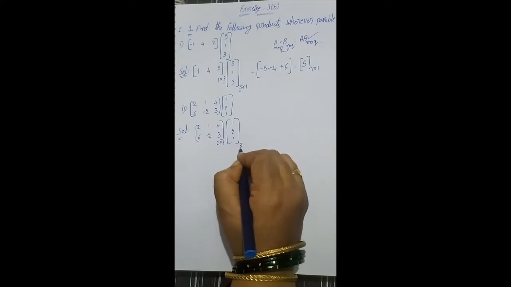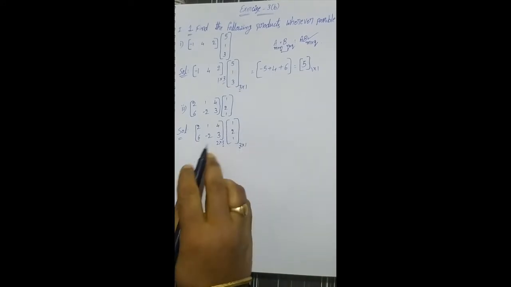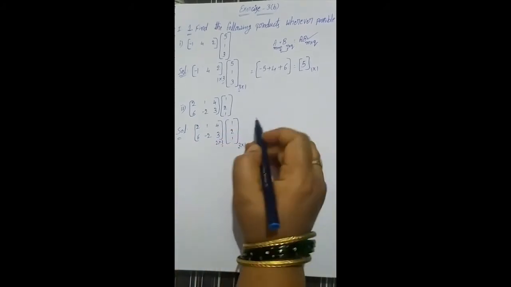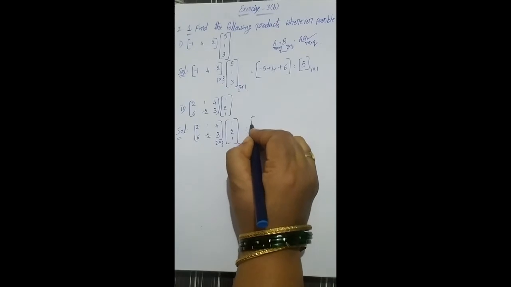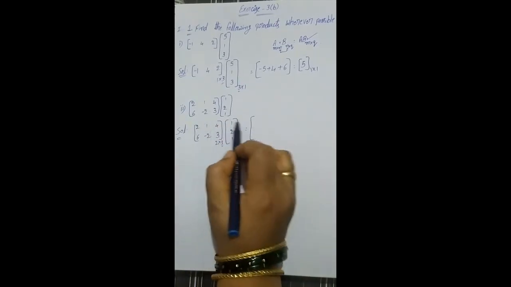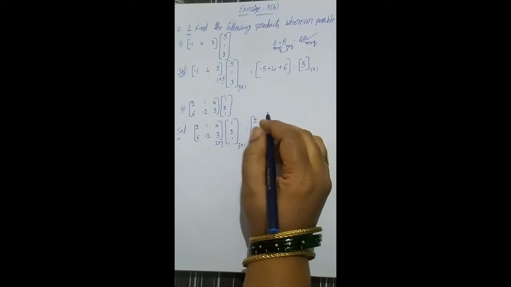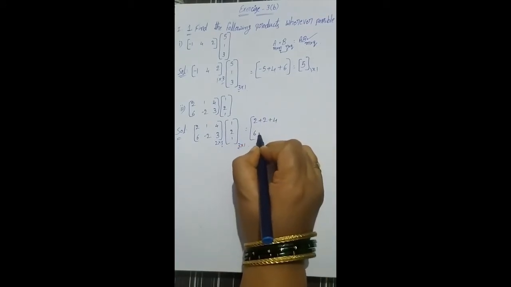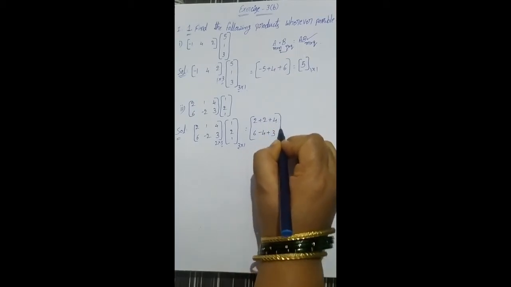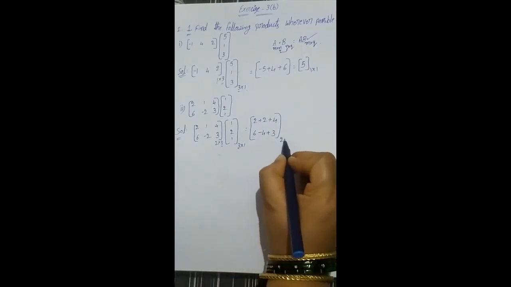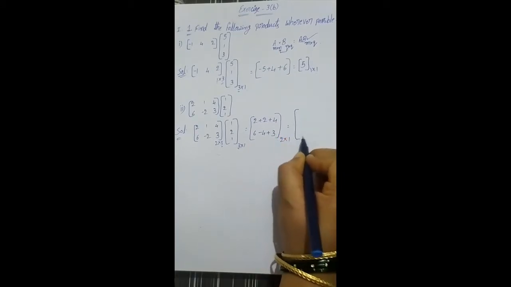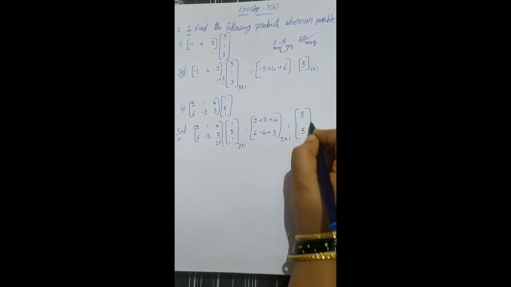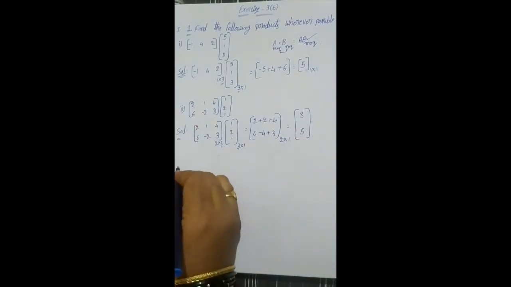Second matrix order is 3 by 1. The number of columns of the first matrix and the number of rows of the second matrix are equal, so this is also productable. That is 2 into 1, 2, plus 2, plus 4, 6, minus 4, plus 3. Then the order is 2 by 1. That is equal to 8, 5. This is the solution of the second subproblem.